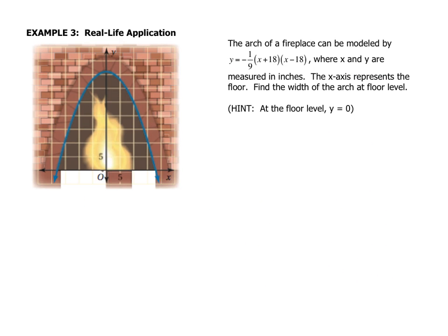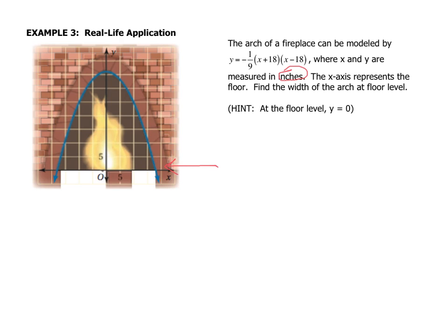On this next example, we have an arch of a fireplace. So we can kind of see the arch of the fireplace with the fire in the middle. And the function is being modeled by y equals negative 1/9 (x plus 18)(x minus 18), where x and y are measured in inches. So again, a couple of important things we want to start noticing. The x-axis is representing the floor level.